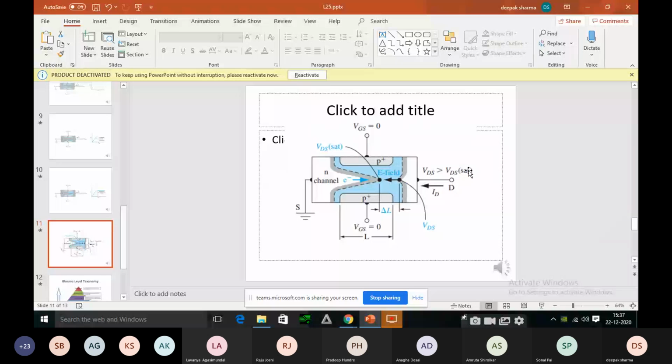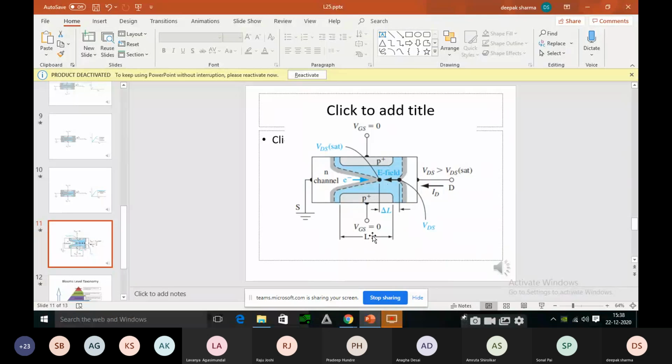If we go on increasing the voltage beyond that, then this condition will happen. The depletion region will start overlapping, and it is called the space charge region. This delta L is called the space charge region.